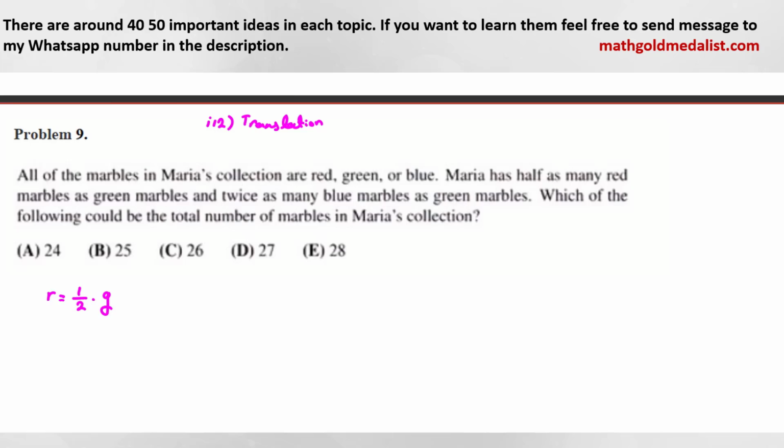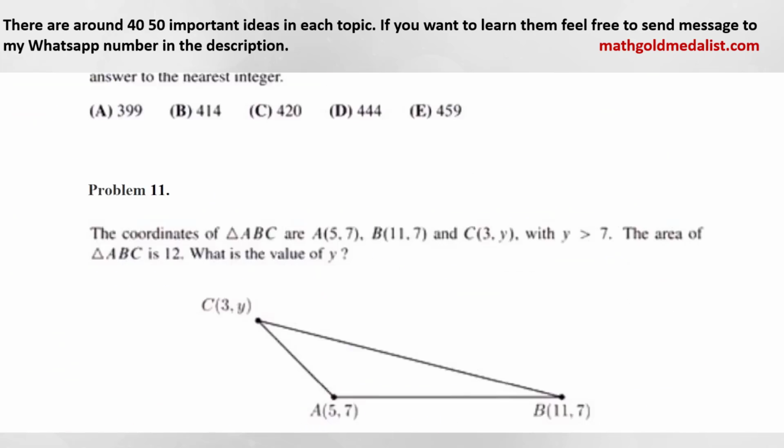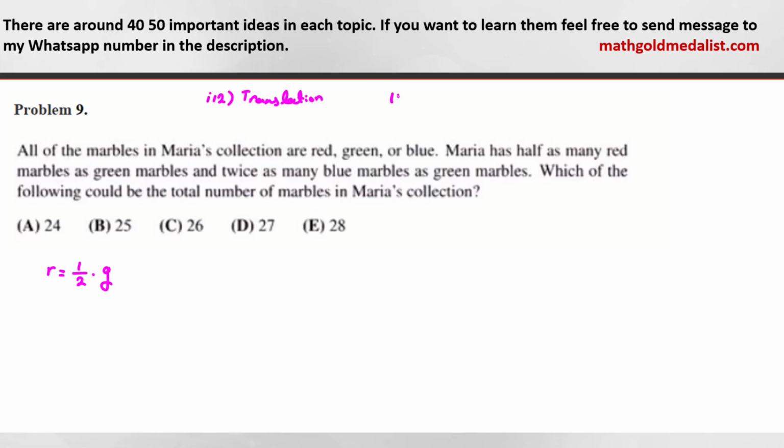And we had similar problems in my website. If you check homework 7, homework 8. Again, you can see similar problems in my website, mathgoldmedalist.com, for AMC 8, 2022 and 2023.